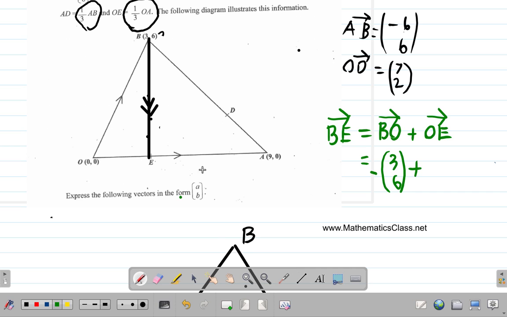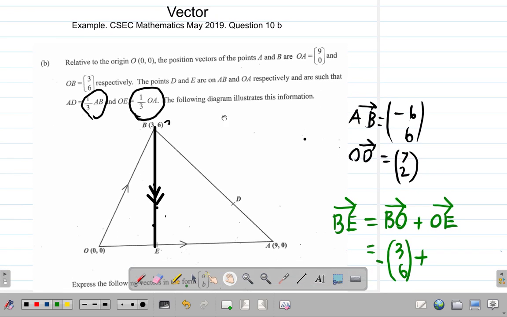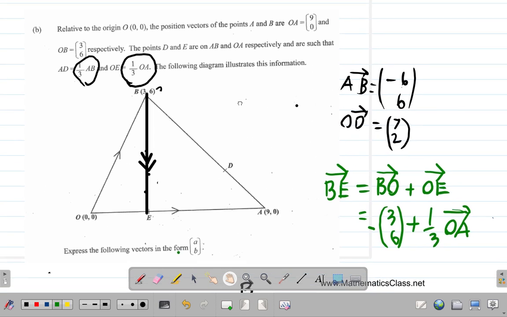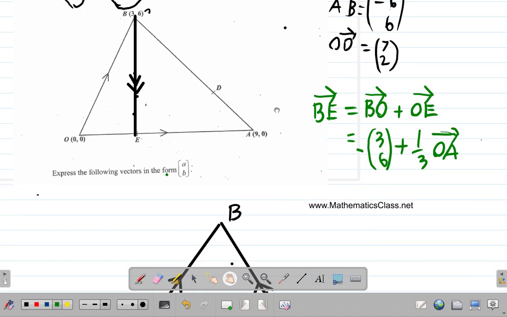From O to E is 1/3 OA. Remember that. OE is 1/3 OA. So we say plus 1/3 OA. You see that? But what was OA again? OA was (9, 0).